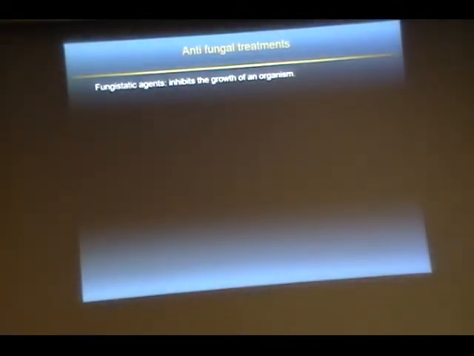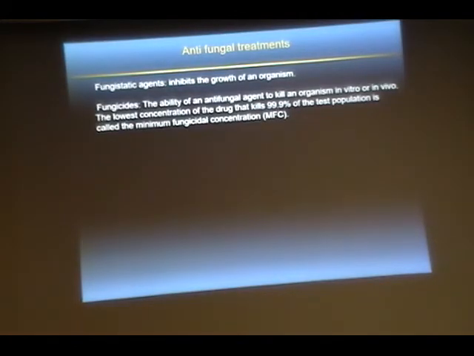So in spite of it, people get fungal infections. Let's look at what the antifungal treatments are in place as of now. So we have fungistatic agents that inhibit the growth of an organism, and fungicides, which have the ability to kill the organism both in vitro and in vivo.